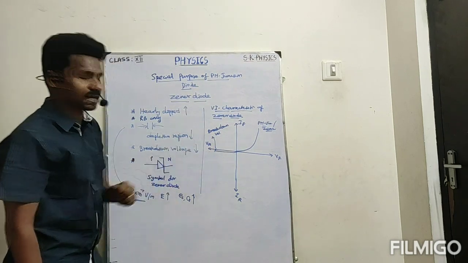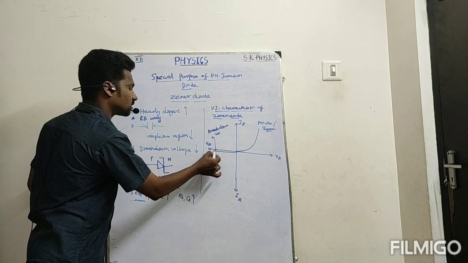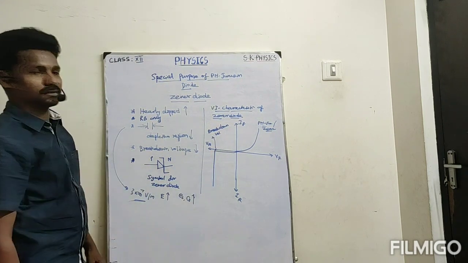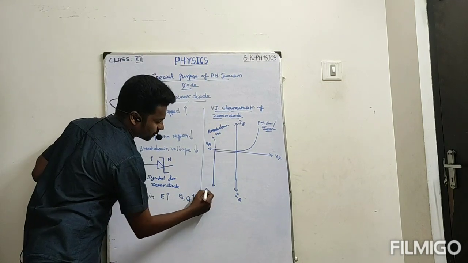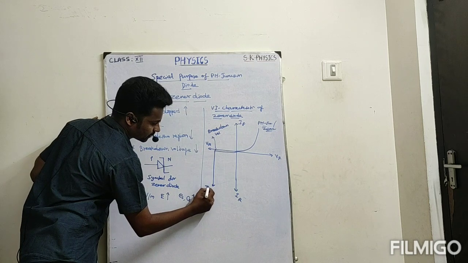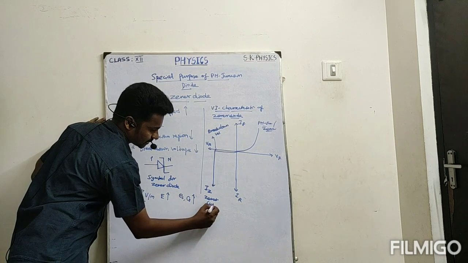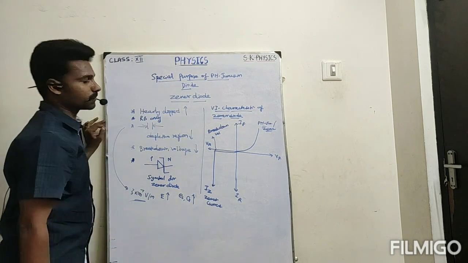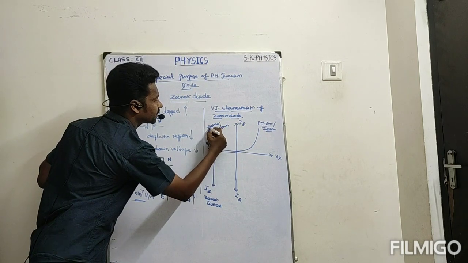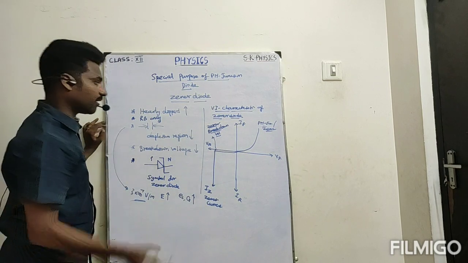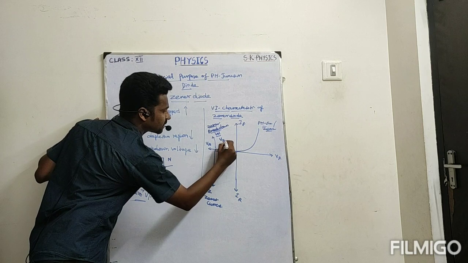After reaching that breakdown voltage, the current increases sharply. A large amount of current increases. This current is known as the Zener current. This breakdown voltage is called the Zener breakdown voltage, or Zener voltage, represented by Vz.